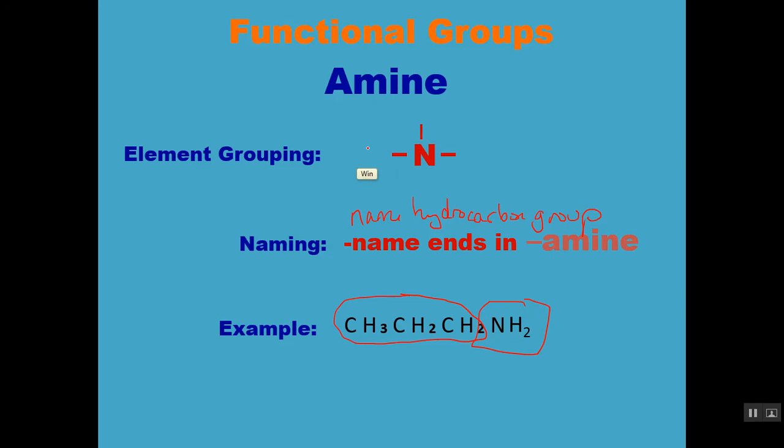So you picture your amine, you've got an R here, you've got 2 hydrogens attached in this case, and so then it's just a matter of naming it. So then what we get is this. We get propanamine. Again, we name the hydrocarbon group and end it in amine.